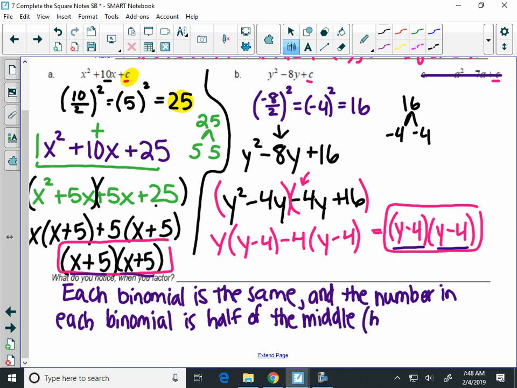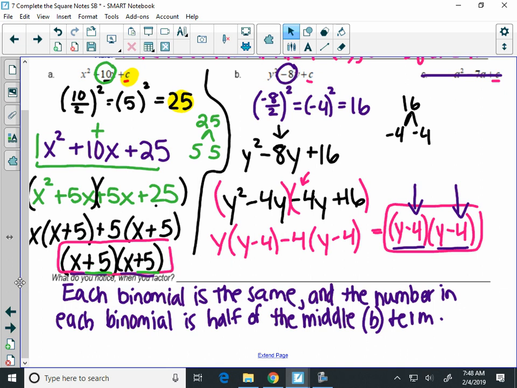Remember, the middle term is your b. So notice here, b in this problem is -8. Half of -8 is -4. That's what I have. Half of the first b is 10, or 10 is the first b. Half of that is 5, which is what I have here. So something to ponder as we get a little farther along.